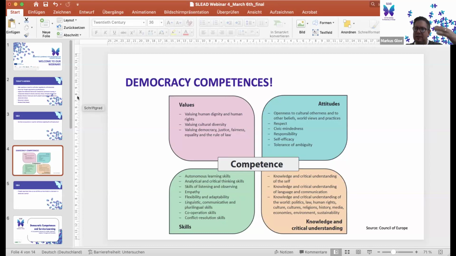Including competencies, like you said, valuing cultural diversity, openness to cultural otherness and other beliefs, tolerance of ambiguity, critical thinking, and so on, are fundamental steps towards making educational content more relevant and connected to learners' realities. The competency-based approach also means that you focus on students and their circumstances.